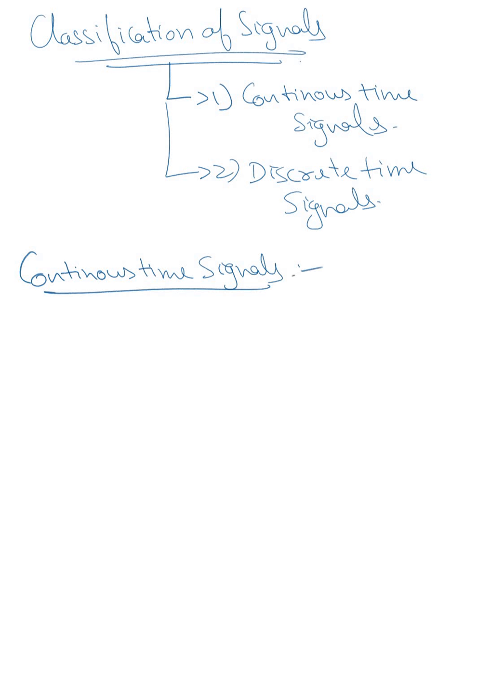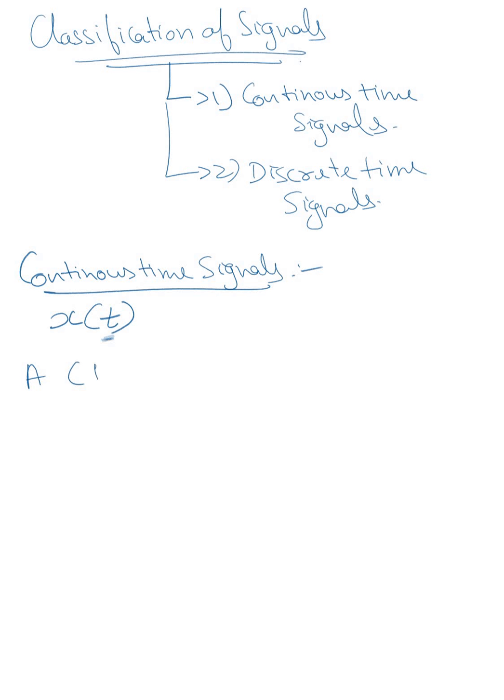A continuous time signal, or we also call it an analog signal, can be defined for a continuous value of the independent variable time, and the conventional notation is x of t. Any continuous time signal is defined with respect to the continuous time variable t.